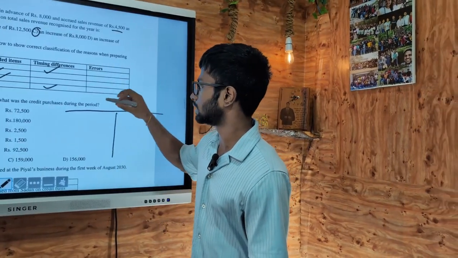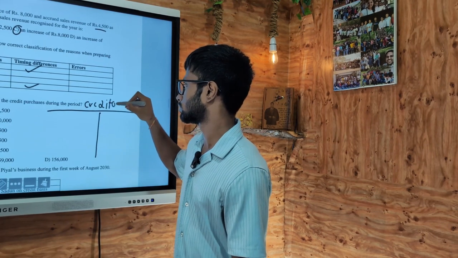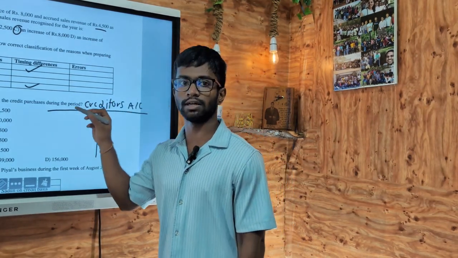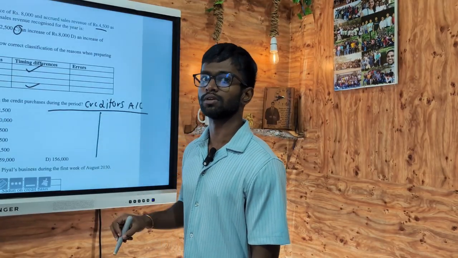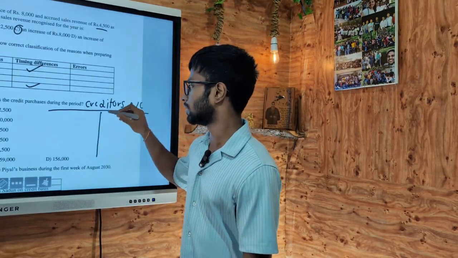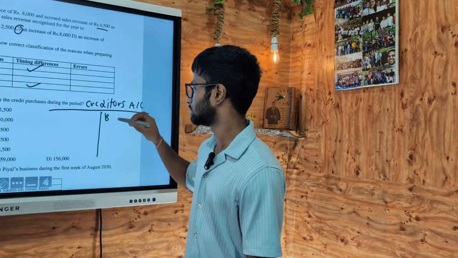Since a creditor is a liability for the business, the opening balance will appear on the credit side because liability increases with credit.